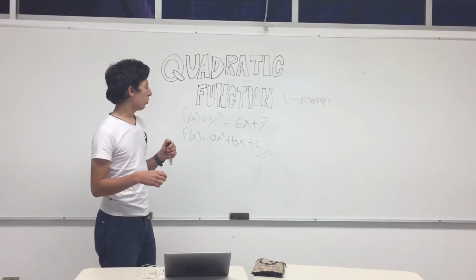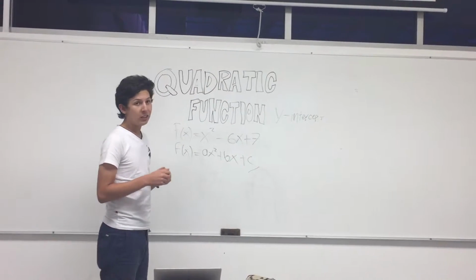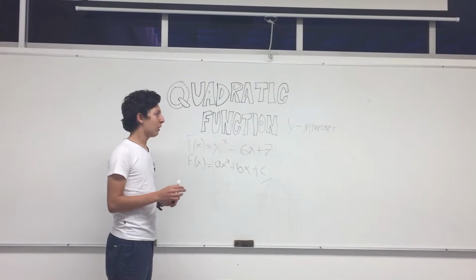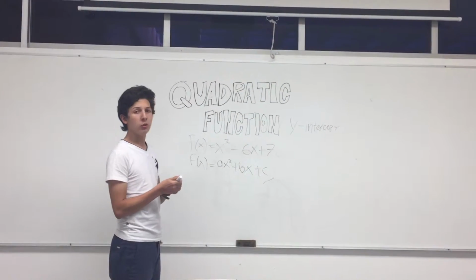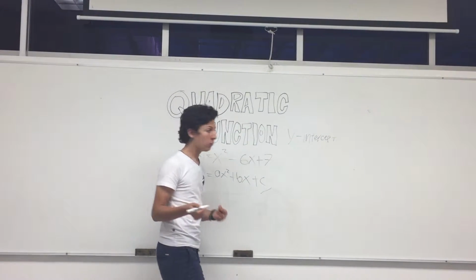If we want to graph this function, we need the zeros, and we can find them in many different ways, but the one that will always give you the answer is the quadratic formula. What is the quadratic formula?